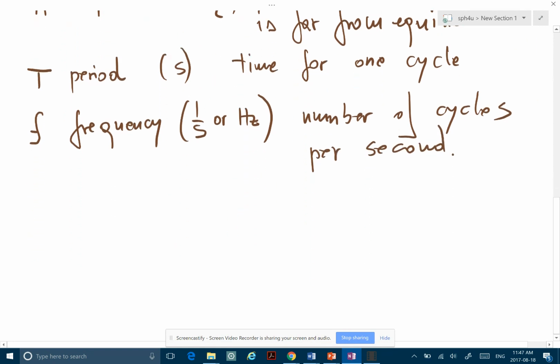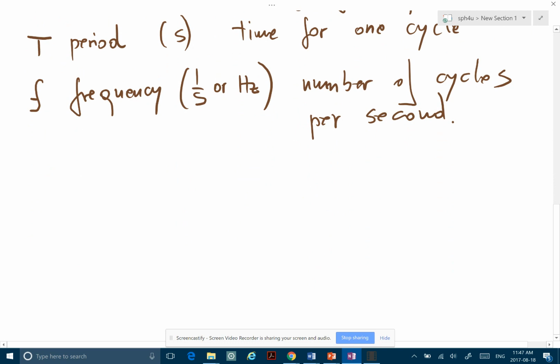All right. Then we have energy of waves, the energy they carry. We have the intensity. We have many more variables, but these are the basic ones we're going to deal with.